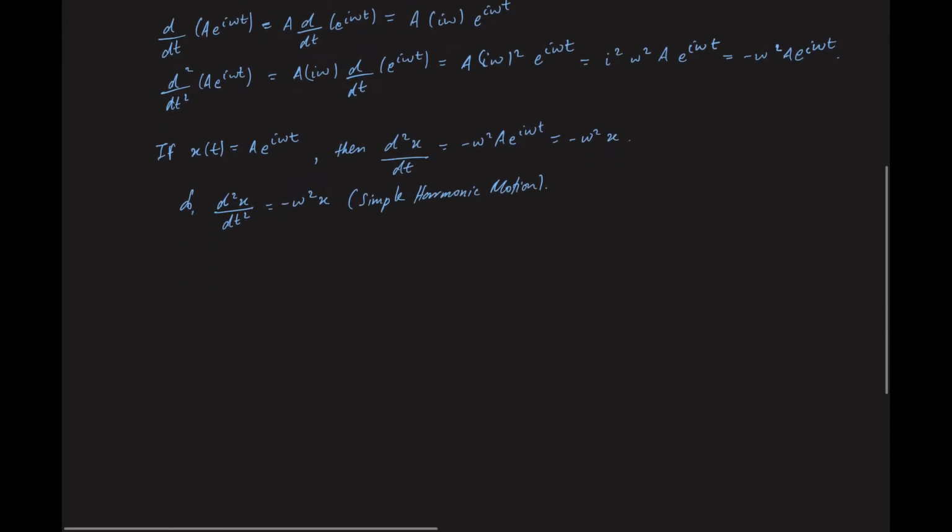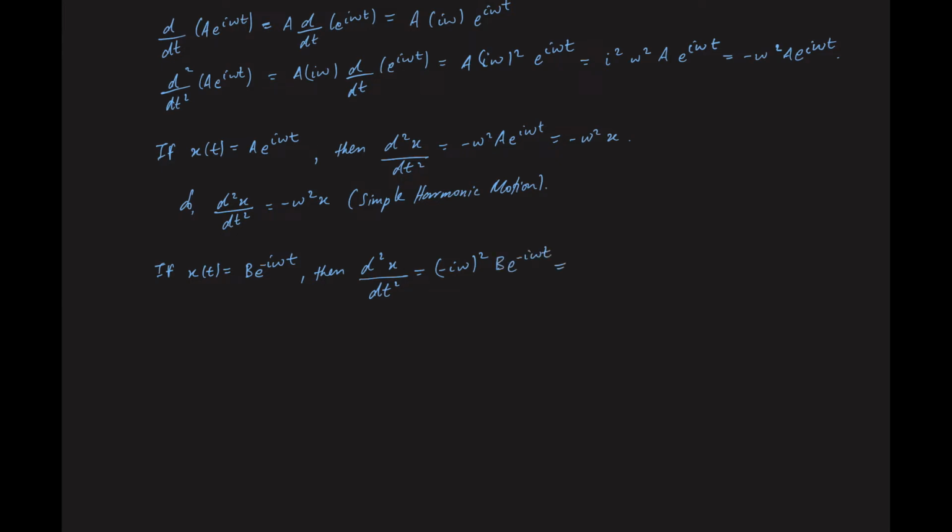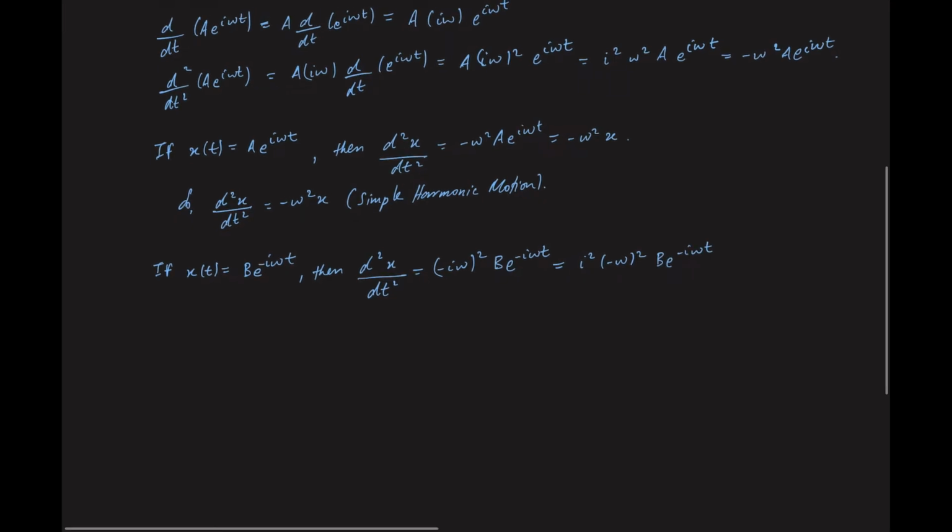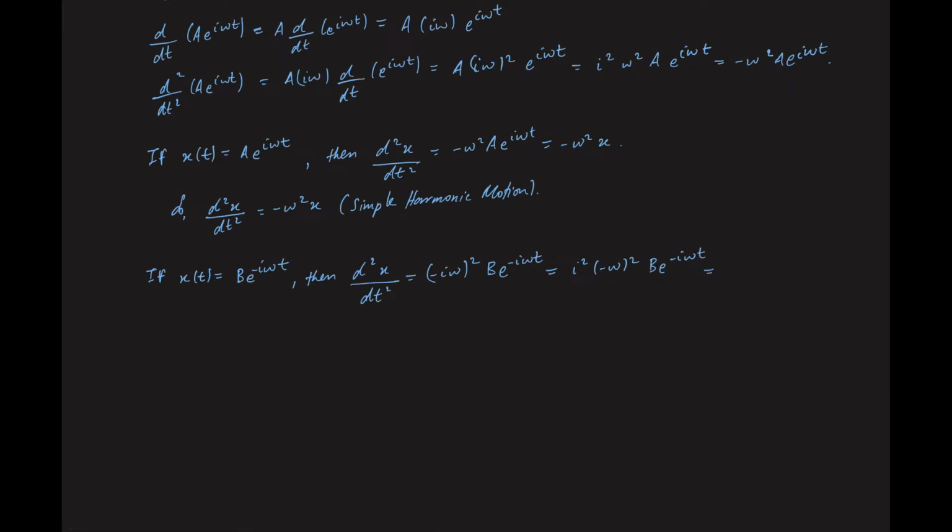Now notice that if x of t were equal to b e to the negative i omega t, then again d squared x by dt squared is equal to, well, in this case we would pull down two copies of negative i omega, so negative i omega squared b e to the negative i omega t, and this is once more i squared times omega squared b e to the negative i omega t. i squared is negative 1, so we get negative omega squared b e to the negative i omega t, and this is once again negative omega squared x.